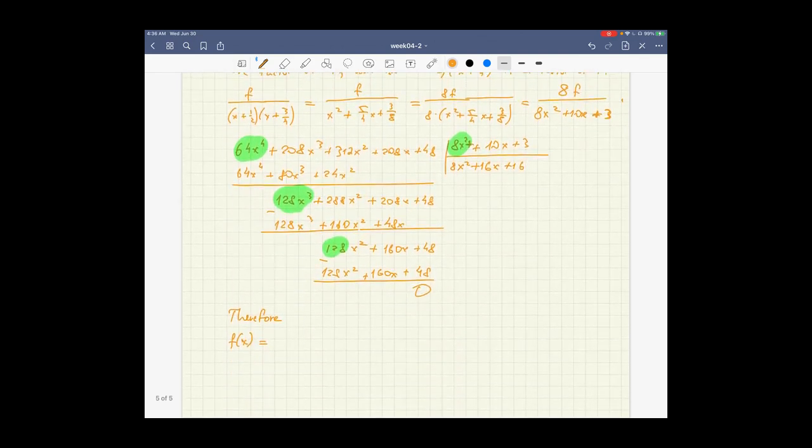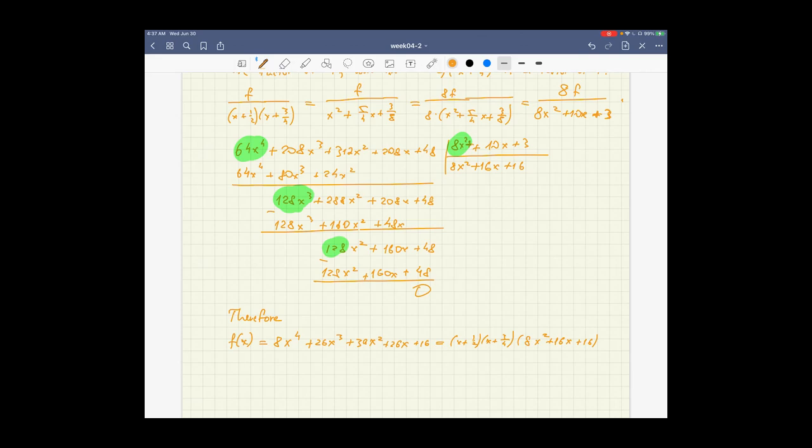Our polynomial f, being 8x to the fourth power plus 26x cubed plus 39x squared plus 26x plus 16, equals x plus 1/2 times x plus 3/4 times 8x squared plus 16x plus 16.